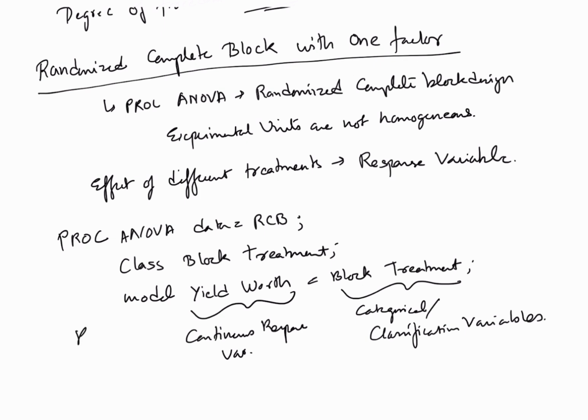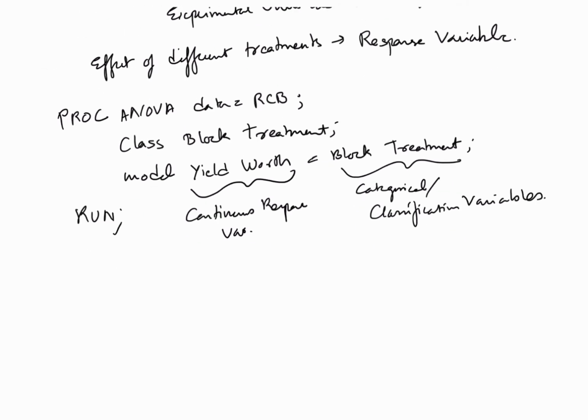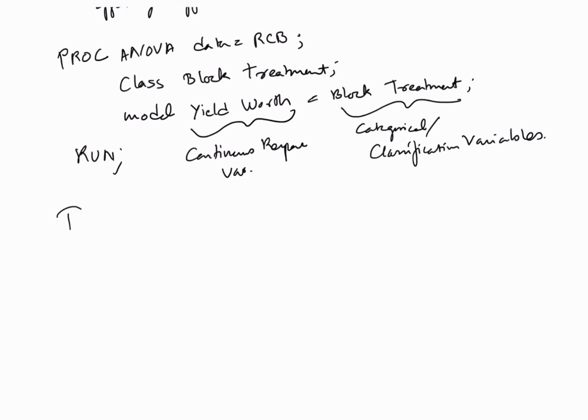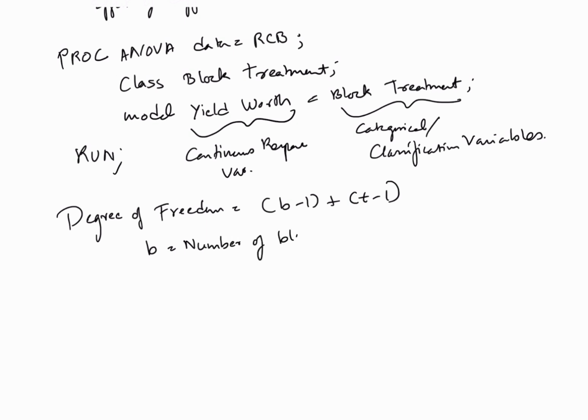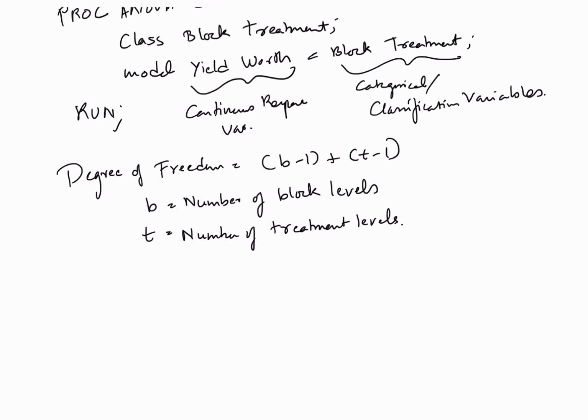Just write run here. So the degrees of freedom will be b-1 plus t-1, where b is the number of block levels and t is the number of treatment levels. Those are the things that you have to keep in mind.